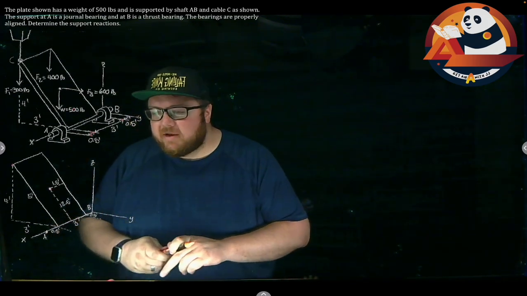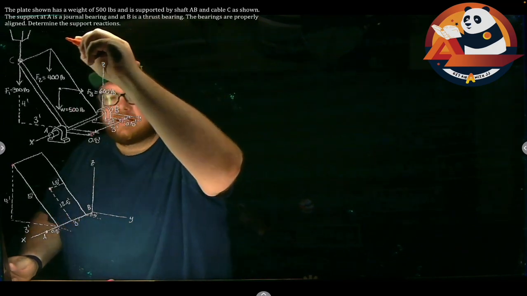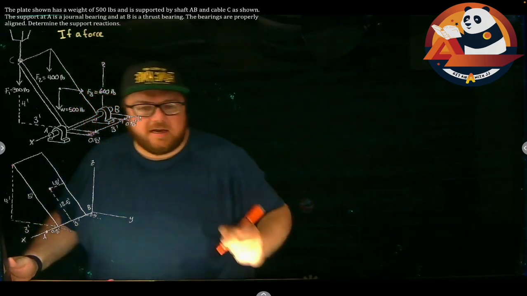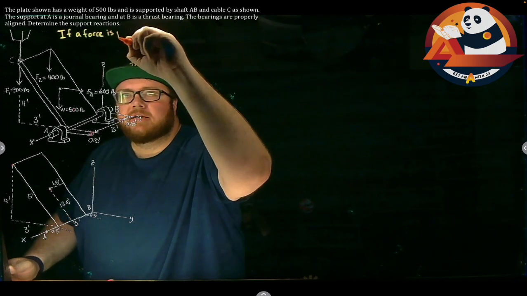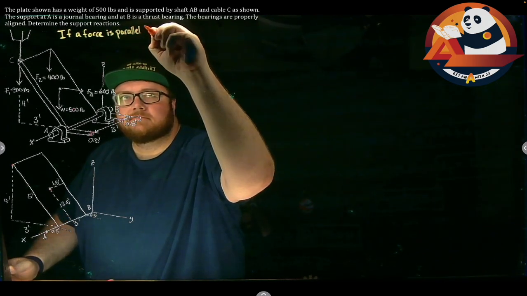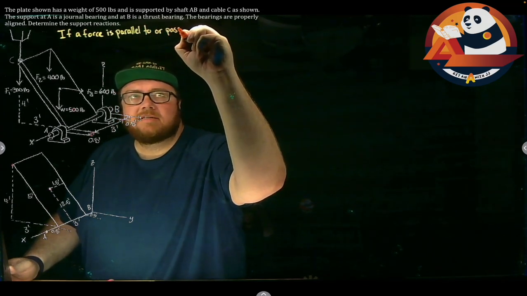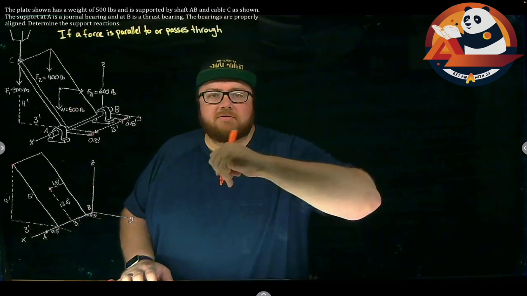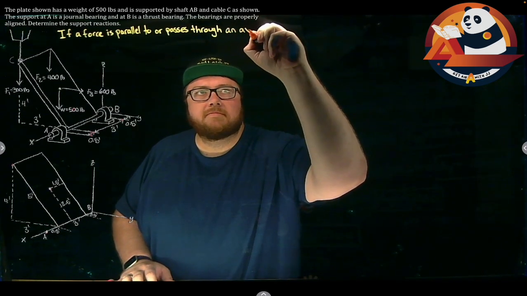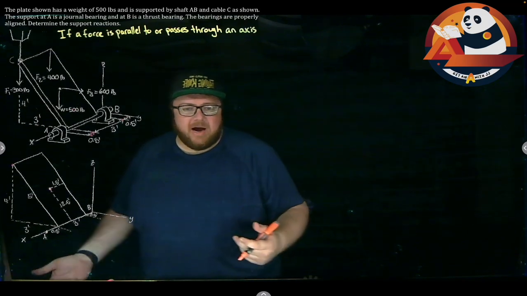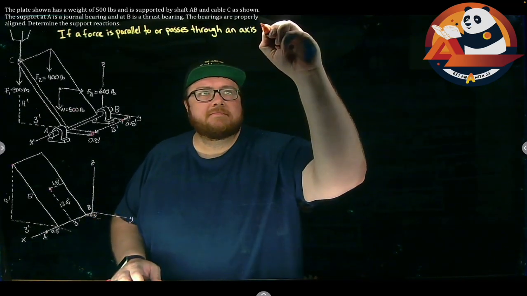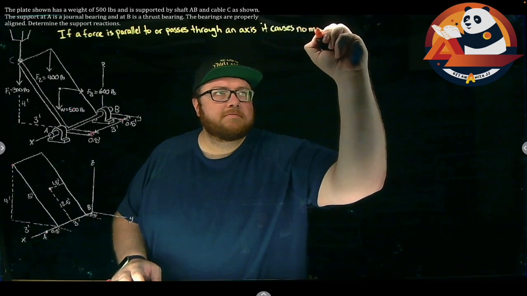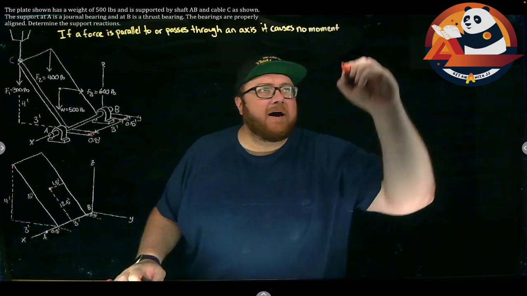If we're doing that, when we get to moments, we're going to need to remember if a force is parallel to or passes through an axis, it will cause no moment about that axis.